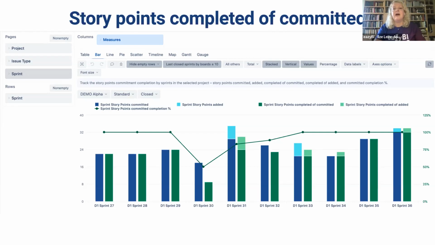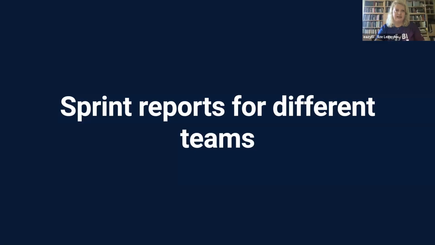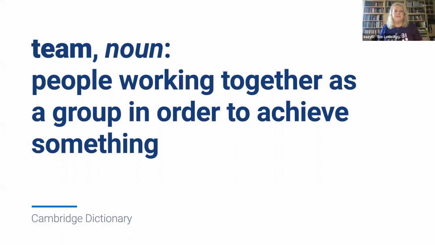Okay. Now we have to move and talk about sprint reports for different teams. Team is a very popular word, and sometimes it's very hard to understand what a team is. Therefore I asked the Cambridge dictionary, what is a team?